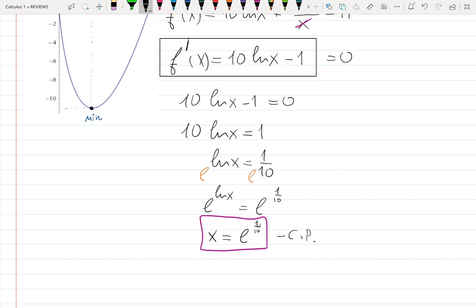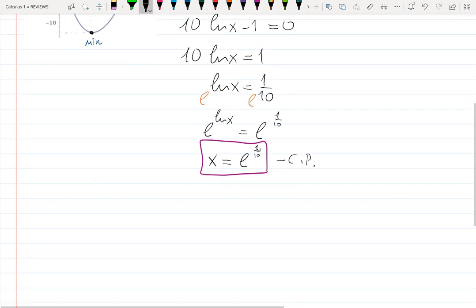For the undefined points, log does not exist for x less than or equal to 0, but these points will not be critical points because they're not in the domain.